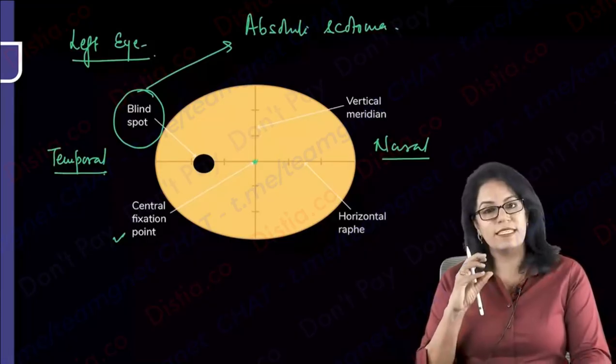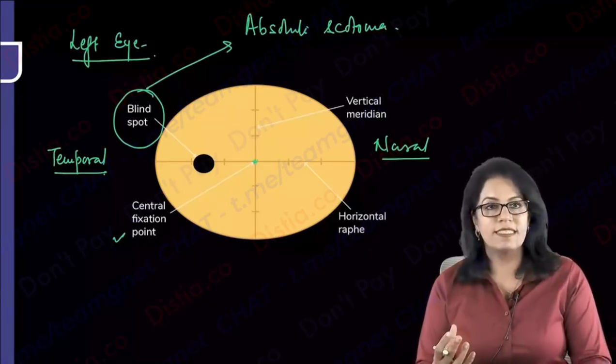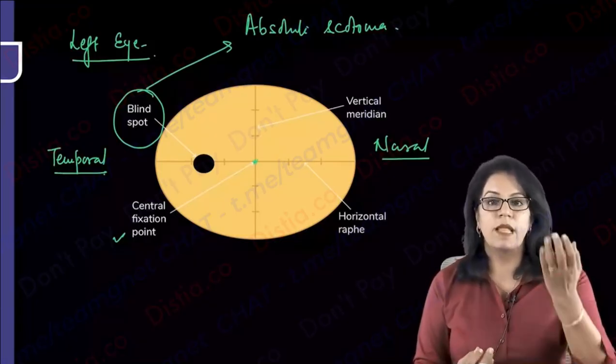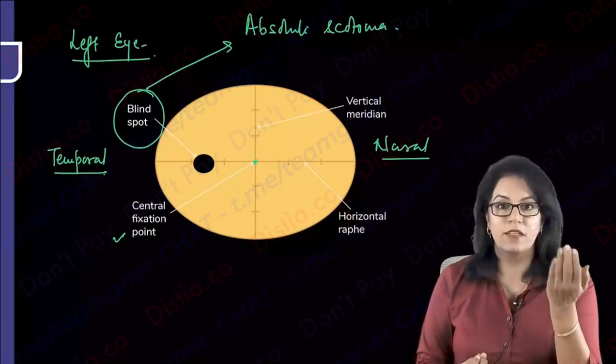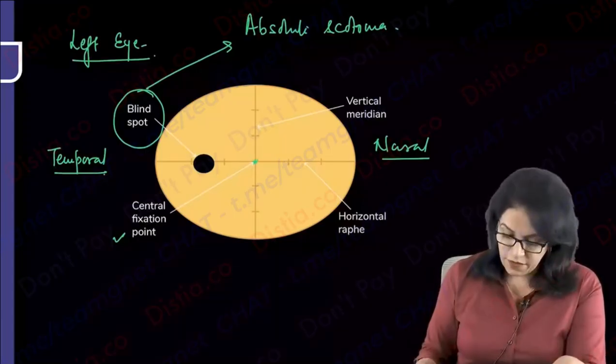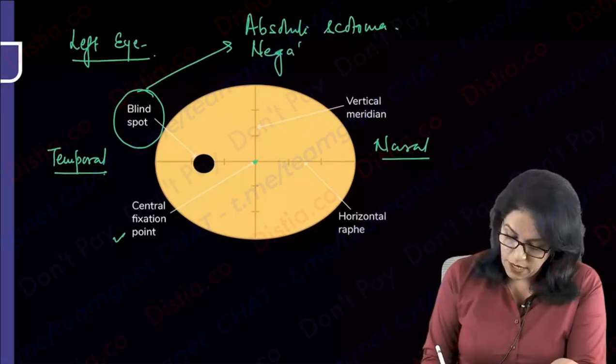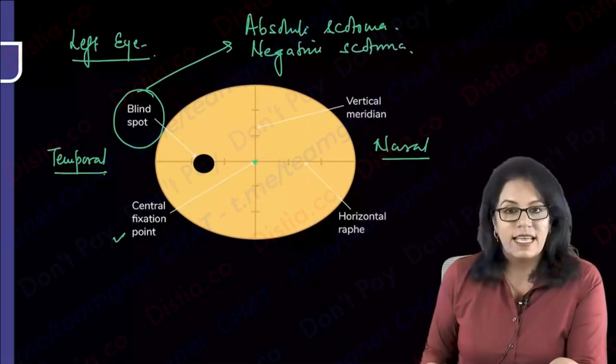Then there are two terms: is it a negative or positive scotoma? Positive scotoma means that there is some black patch in front of the eye, right? And the vision is obscured. Whereas negative means it's a hollow space. So here, the blind spot is a negative scotoma. So it's an absolute negative scotoma, correct?